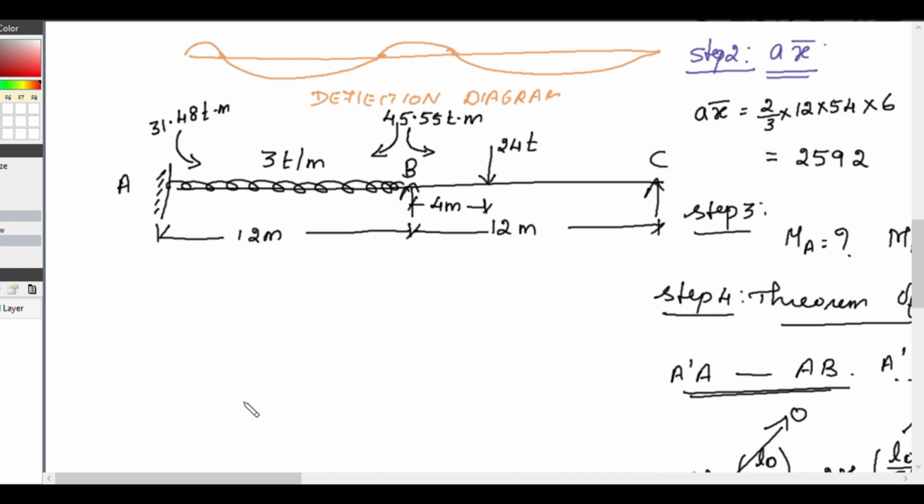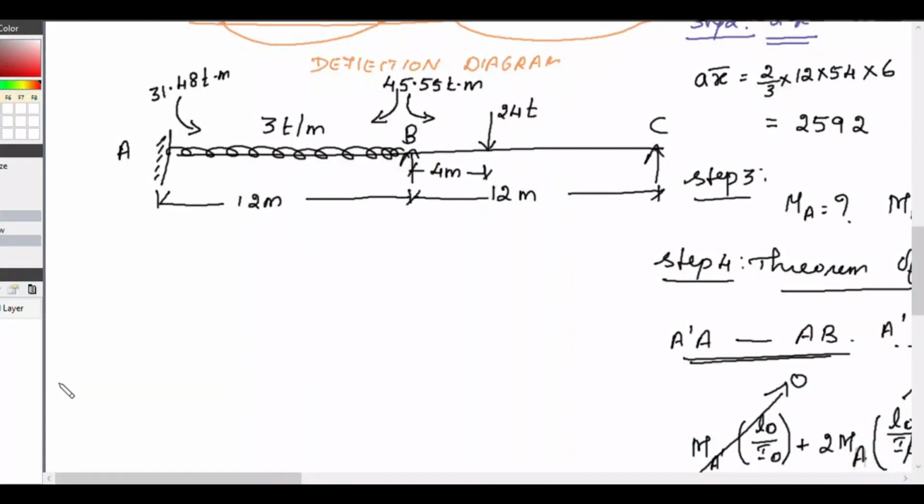So here, we will consider the moments to the right of B. This is RC, right?